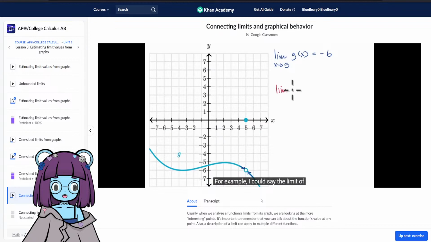For example, I would say the limit of f of x as x approaches 5 is equal to -6. I construct that f of x does this. It looks different than g of x. The function looks like this. Let me draw f of x.